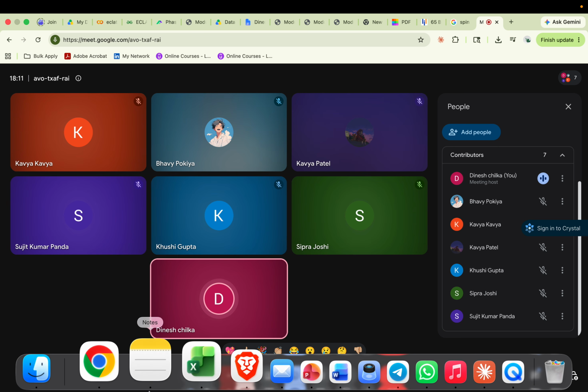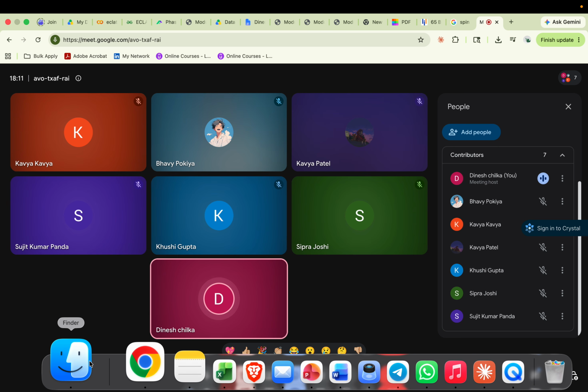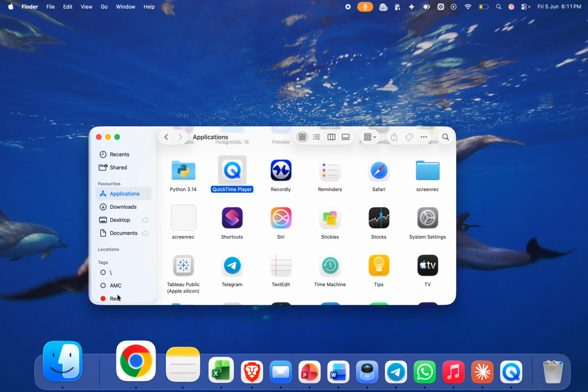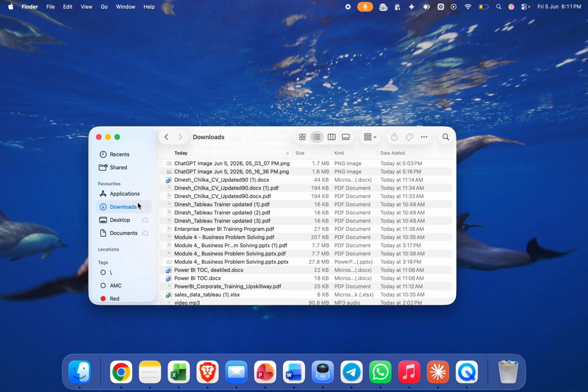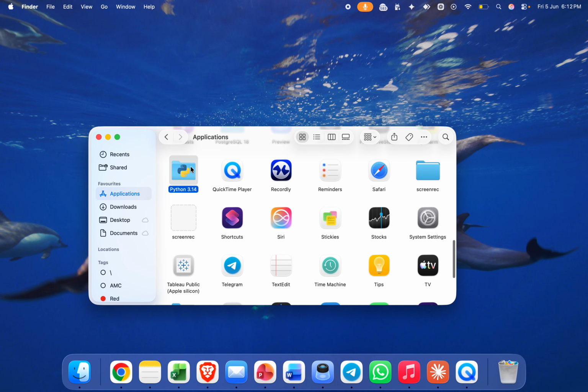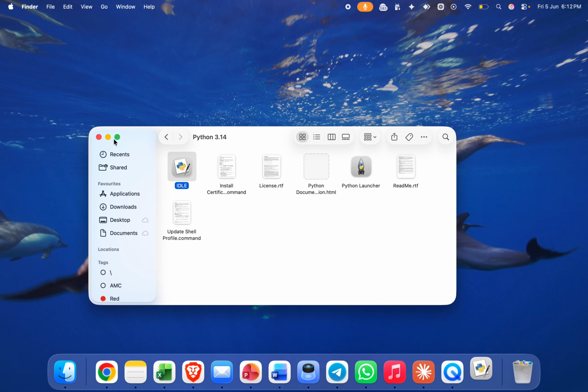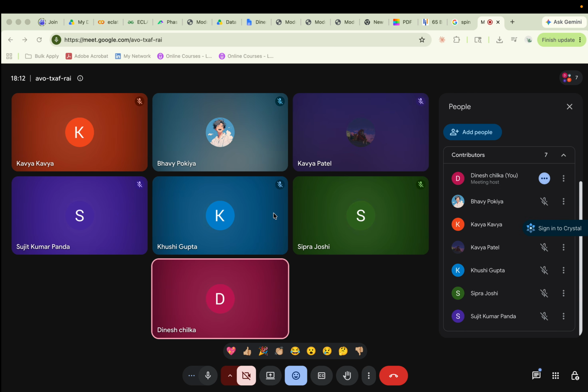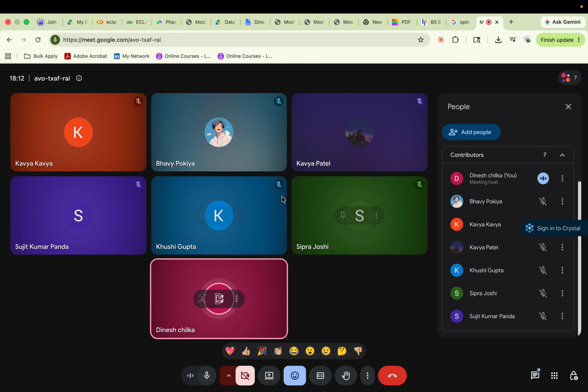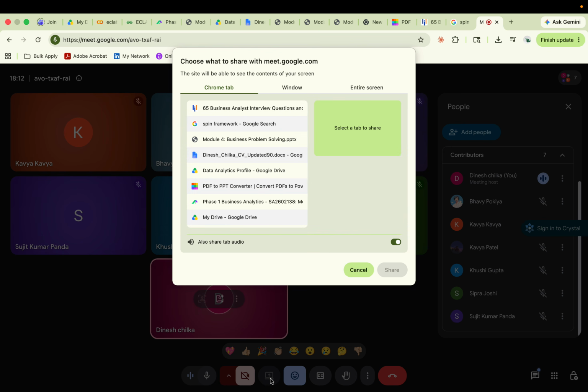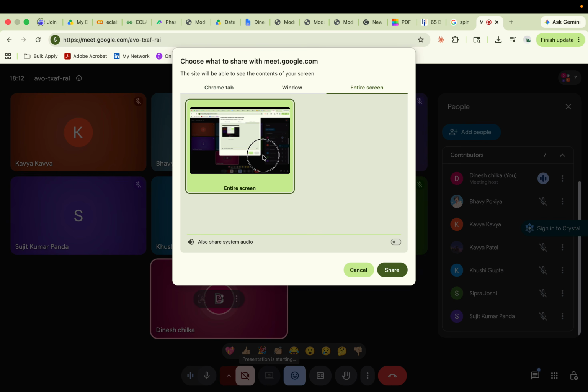Okay, I'm sharing my screen. Let me know if it is visible or not. So, everyone, open the Python application. Okay, open Python ideally. So, if you open that, it is good. Now, I'm sharing my screen. Is it visible or not?